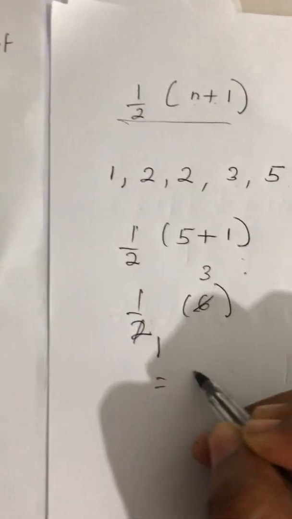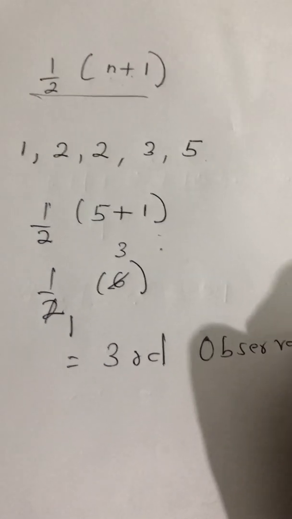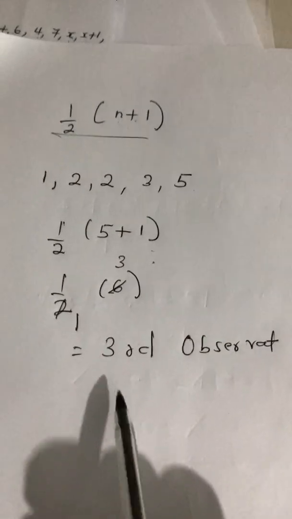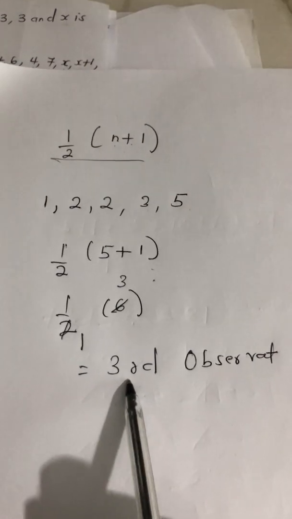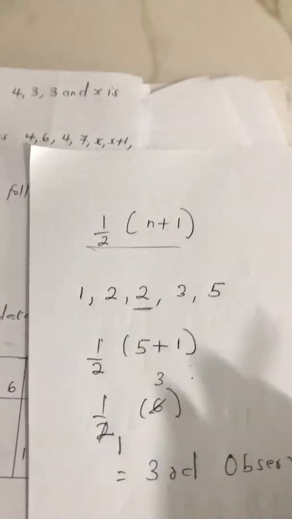So our median is the third observation. That is how you write it. Third observation. Now, after you've done that, then you come and count which element is falling in the third place. So you count 1, 2, 3. So that means your median is what? 2.